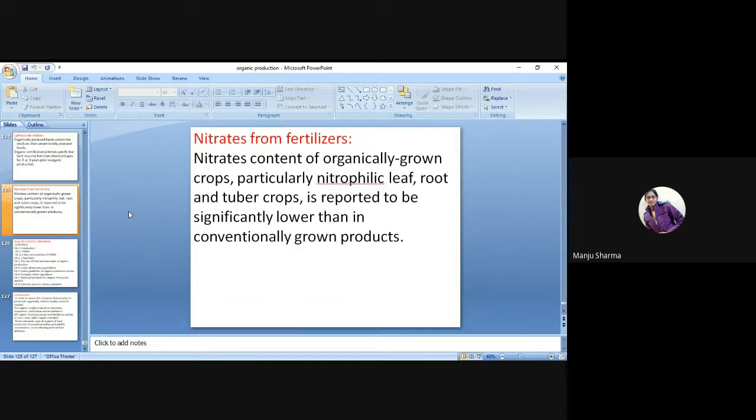Then nitrates from fertilizers. Nitrate content of organically grown crops, particularly nitrophilic leaf, root, and tuber crops, is reported to be significantly lower than in conventional ones.